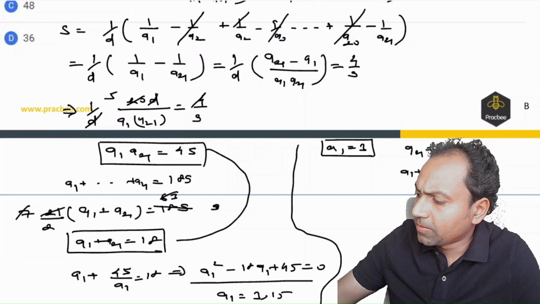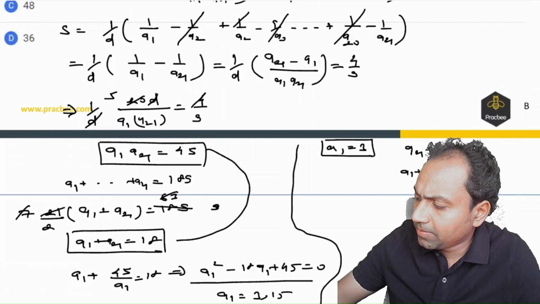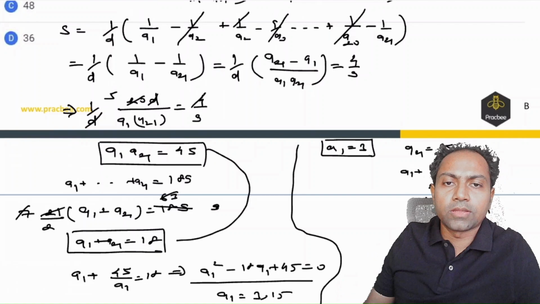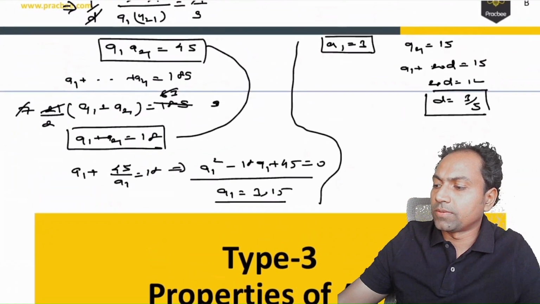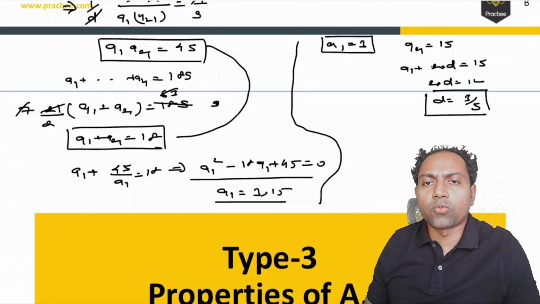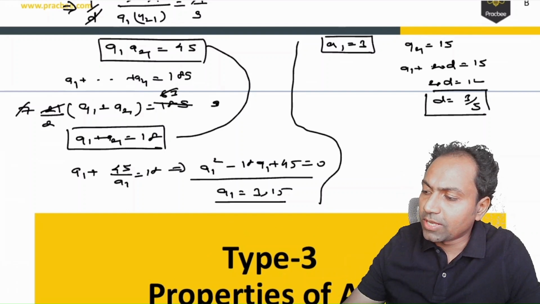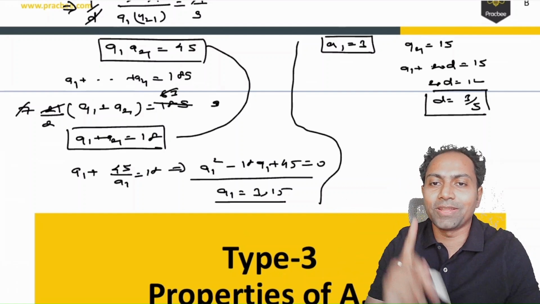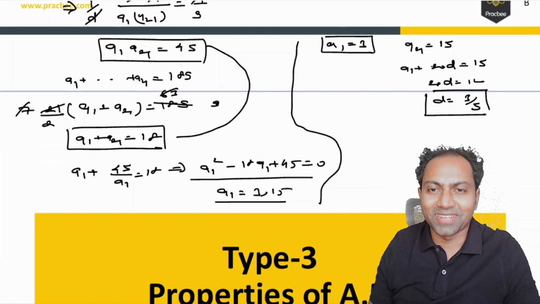So d becomes nothing but 3 by 5. This is the value of d that we have got. It is a very simple calculation. Once you have got these values, now your life becomes very easy, because now you know the value of a, you know the value of d, you can find a6 and a16, multiply them and get the answer.